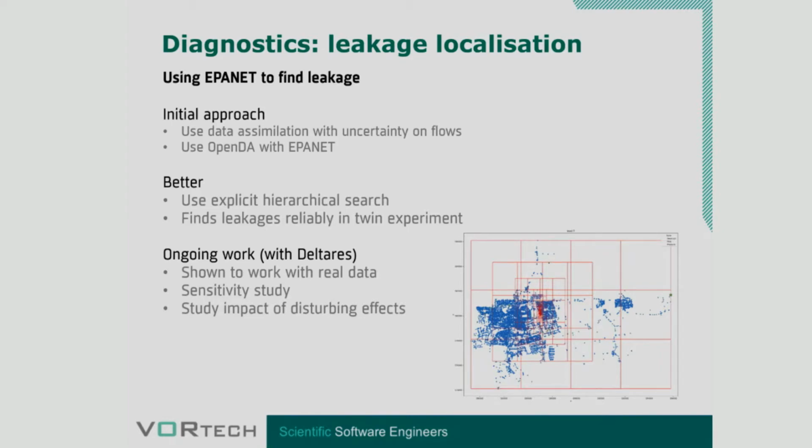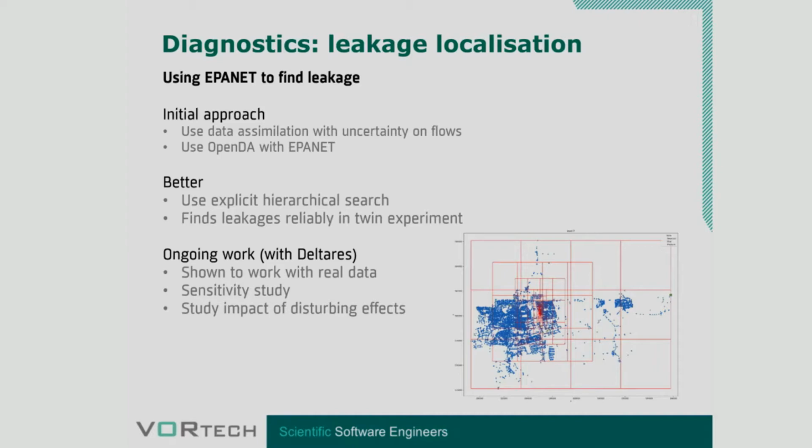So if we have a well calibrated model, then if the observations start to deviate, you can sort of use this model to back compute, if you like, where the leakage is probably going to be.